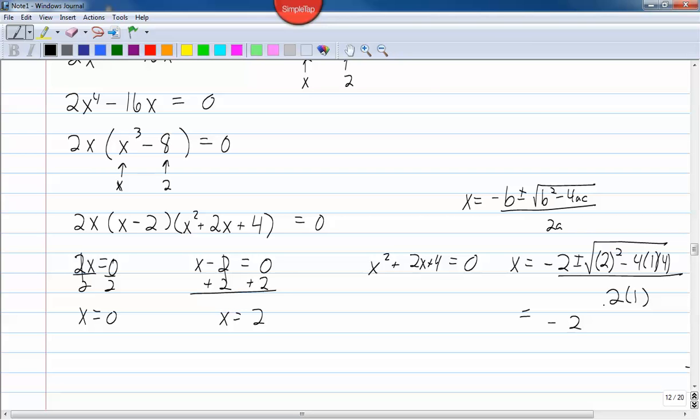So I have negative 2 plus or minus the square root of, it's going to be 4 minus 16. So what's 4 minus 16? Negative 12 all over 2.